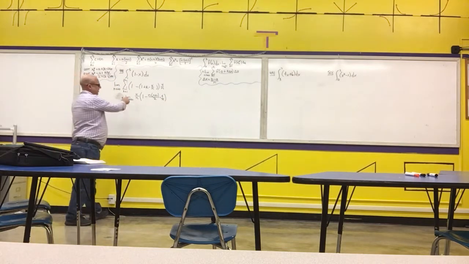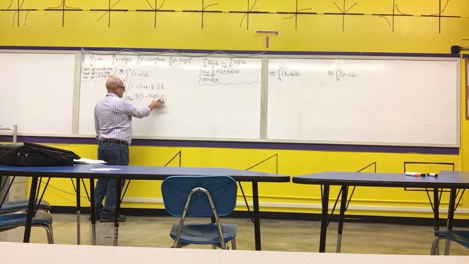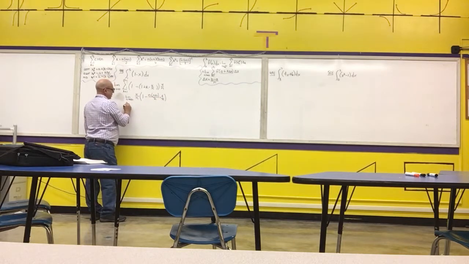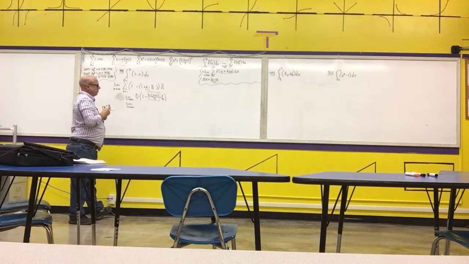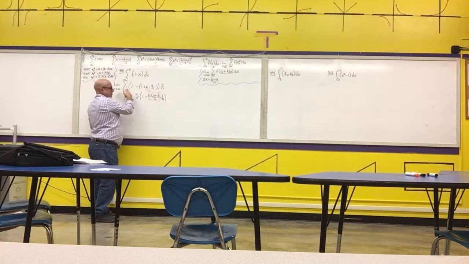I'm now going to distribute this part inside the parentheses. Notice each step. In this step, I took the summation and the k became n times n plus 1 over 2. So I drop the summation. I have to keep carrying the limits each time through until I actually take the limit.